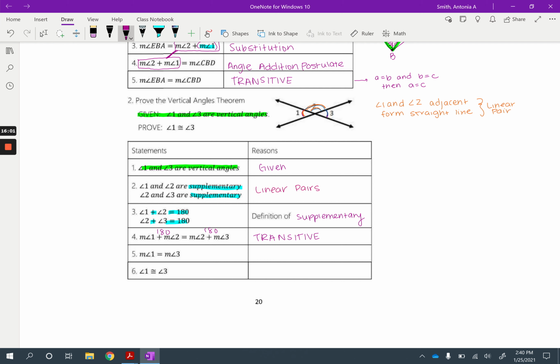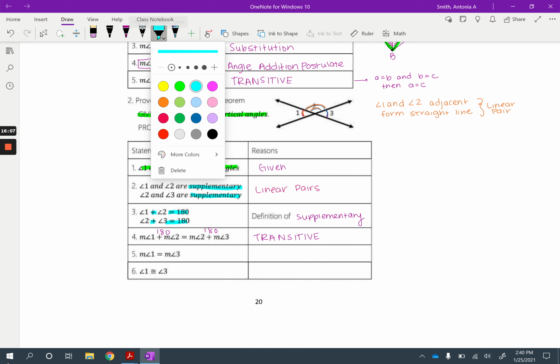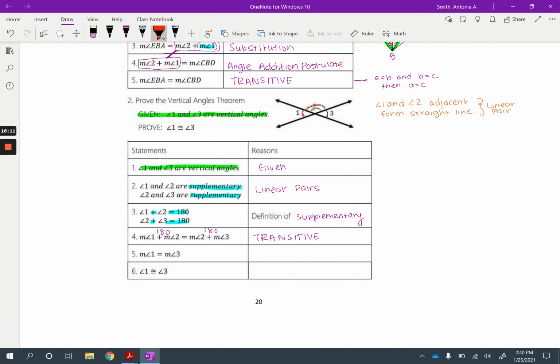So now to statement number 5. The measure of angle 1 is equal to the measure of angle 3. Well, the biggest difference between statement number 4 and statement number 5, I'm going to highlight it in red, is we no longer have the measure of angle 2, right? That's getting deleted from our statement pretty much. How are we able to do that? Well, we can subtract the measure of angle 2 from both sides.